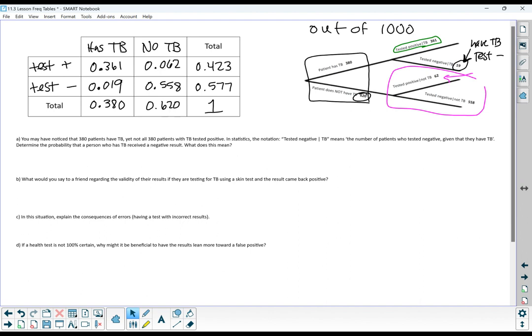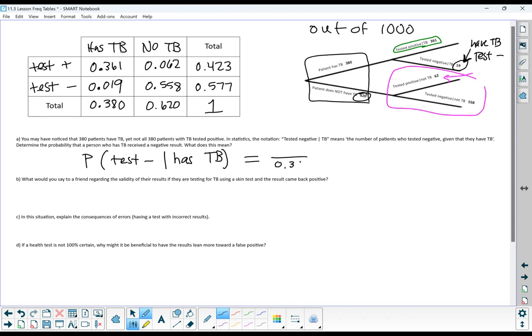So the given condition is we know that they have TB, and we want to figure out the probability that they get a negative test. So it's out of the group that has tuberculosis, so it's out of 0.380.